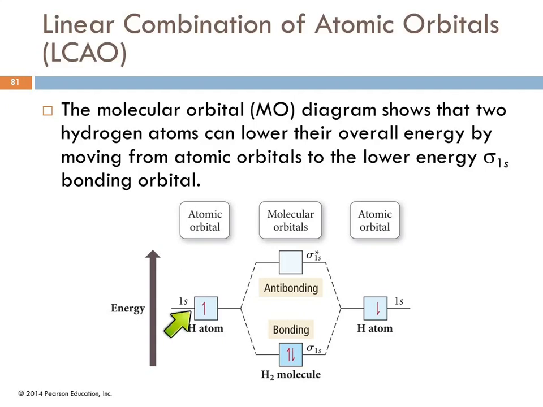So here we've got the atomic orbital diagram for hydrogen. It has 1 electron in the 1s orbital, and here's the other hydrogen atom, 1 electron in the 1s orbital. And those 1s orbitals have the same energy as each other. When we combine these, we get 2 orbitals. We get a bonding orbital that's lower in energy and an antibonding that's higher.